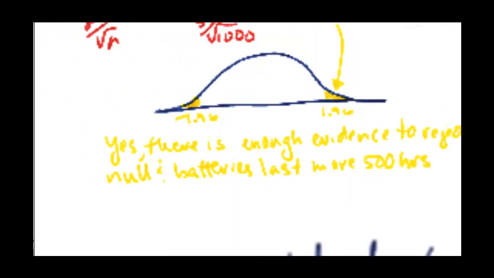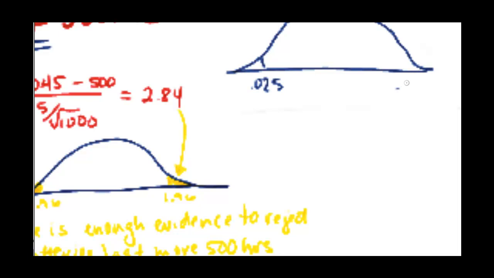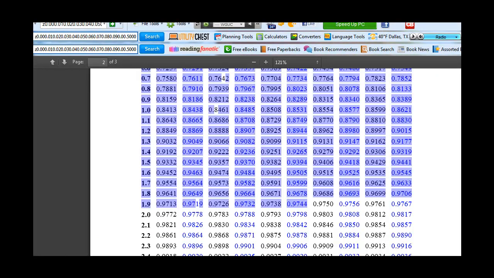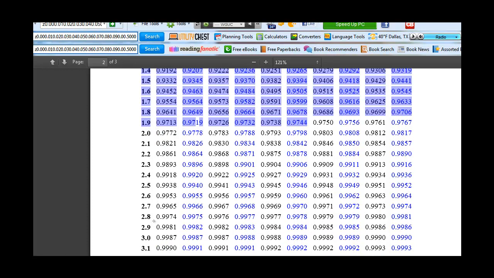Now let's look at if I did the P method. So if I did P values, what I would need to do is have the 0.025 or the 0.975 as my two rejection regions. And then I would go over here and look up my 2.84 on the z-score table. 2.84 is 0.9977.